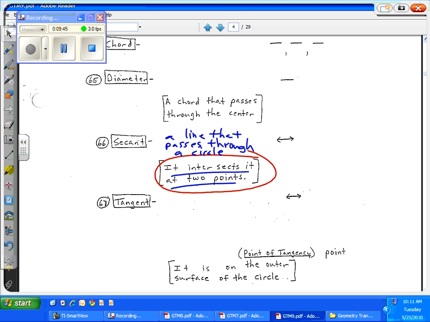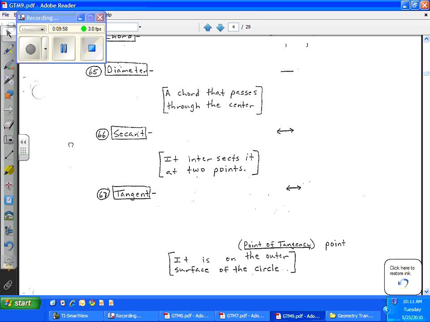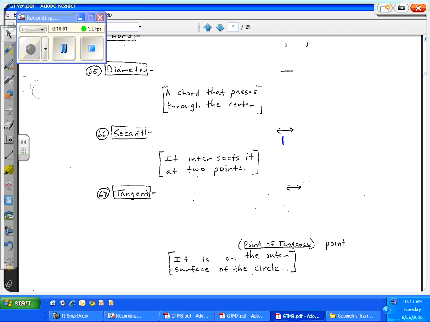So here's the formal definition, and here's what you're going to see with your eyes. It goes through the sea, and it can't stop. And so a secant there was line HG. Line HG was our secant. Okay?